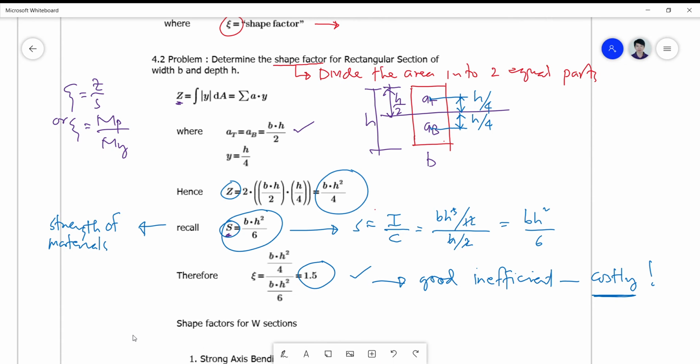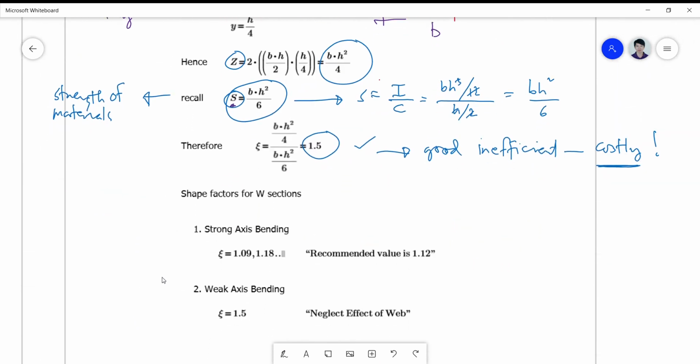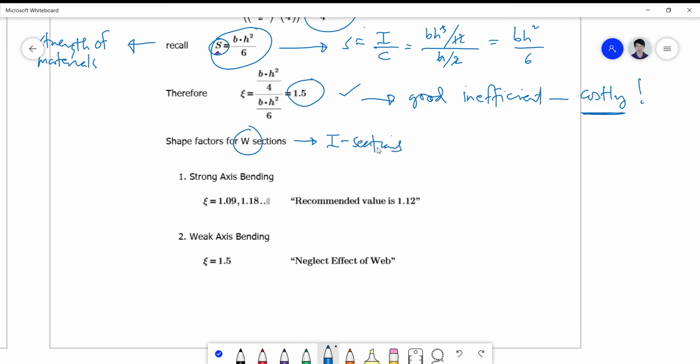So for the efficient shapes in steel design that we normally use, we use the W sections or the I sections, okay? And for strong axis bending, we again use a similar procedure.